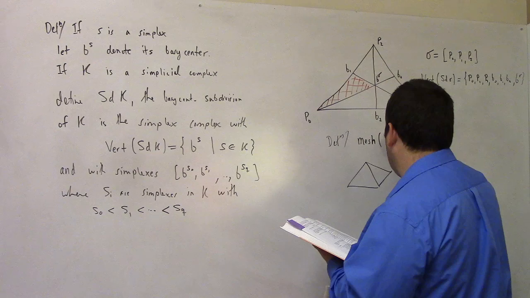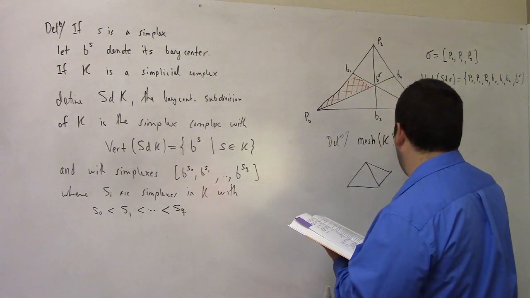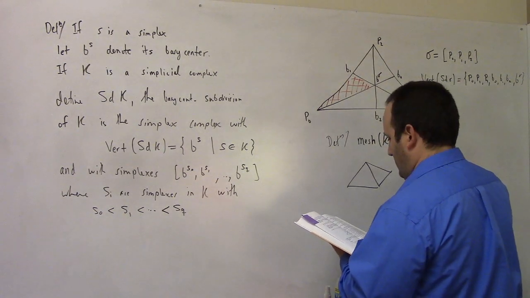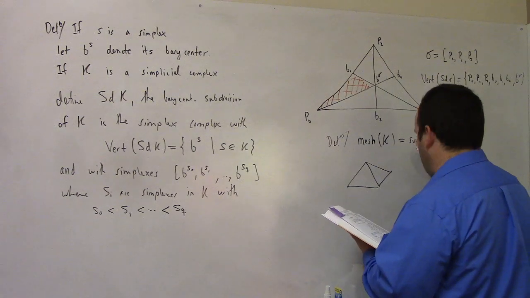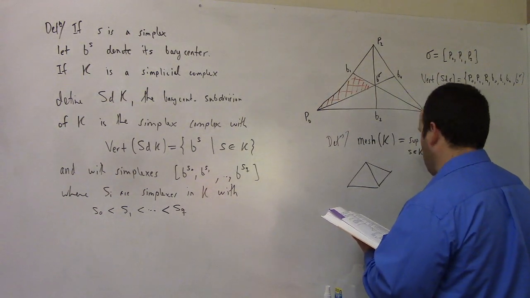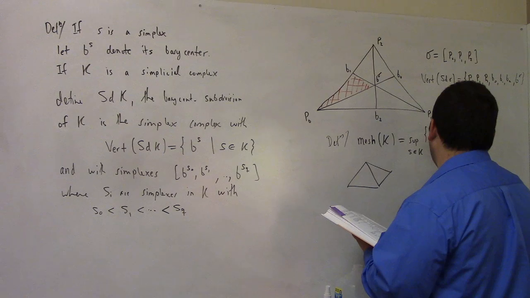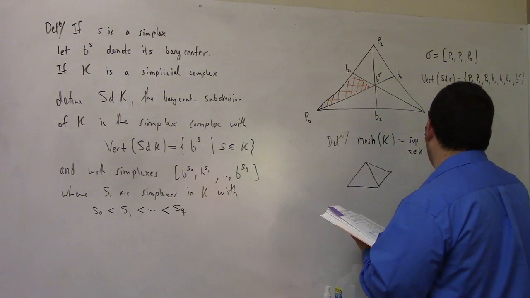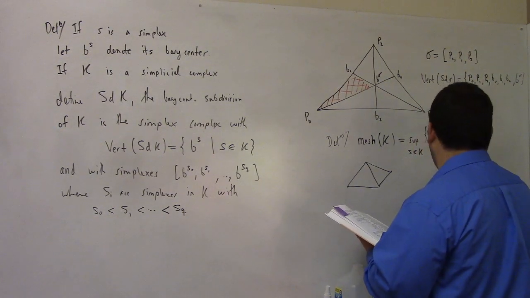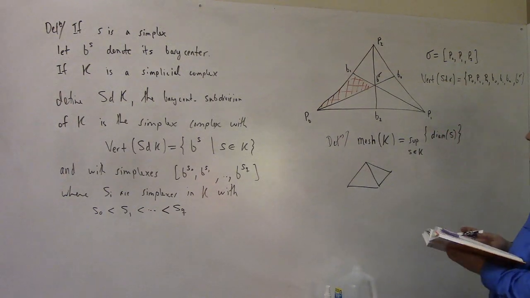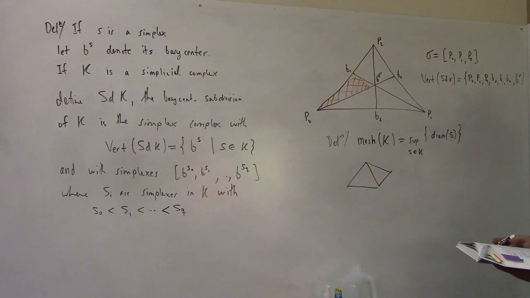Mesh of K is the supremum over S in the simplex K of the diameter of S. Yeah. So it's basically the same way we defined it in chapter 6, but with these simplexes not being functions.